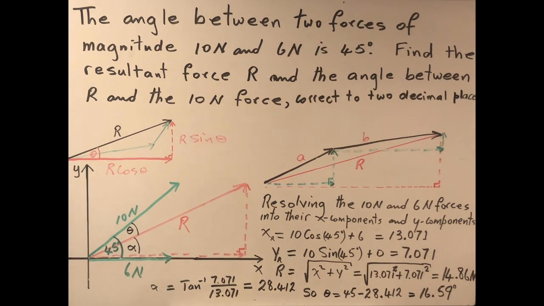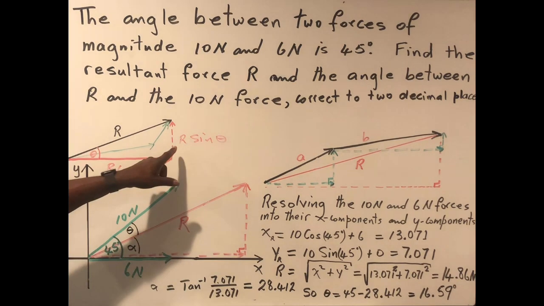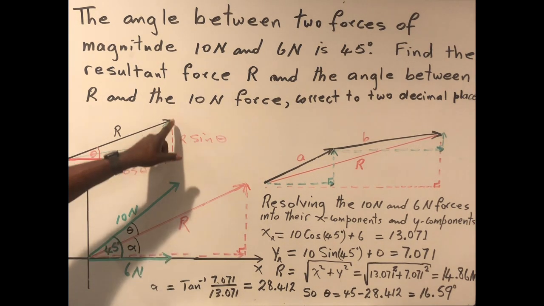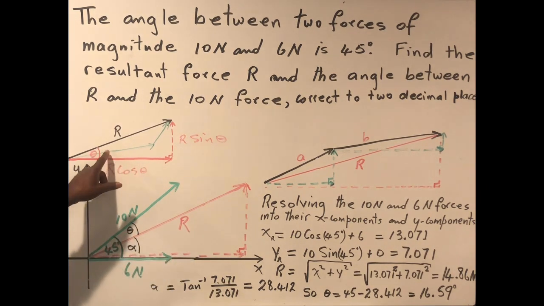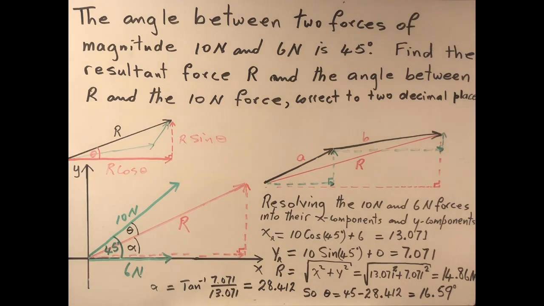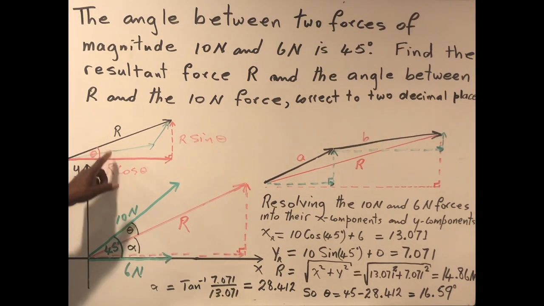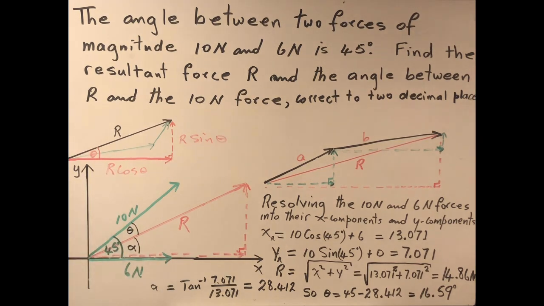So if we look at these two components and apply the basic trigonometry values, we'll see that the vertical component would be equal to r times the sine of theta, and the horizontal component would be equal to r times the cosine of the angle theta.